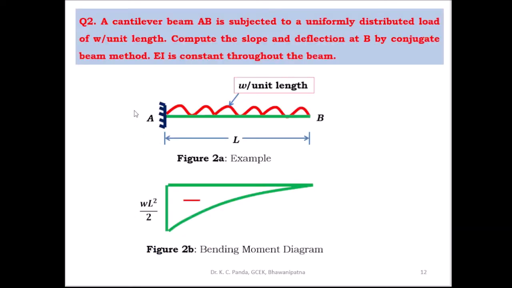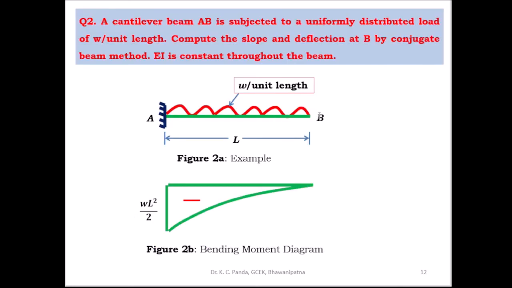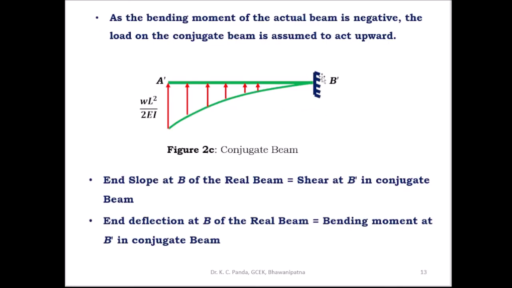As you know, if the original beam is a cantilever, the fixed end becomes free in the conjugate beam, and the free end becomes fixed. So the fixed end becomes free and the free end becomes fixed in the conjugate beam.